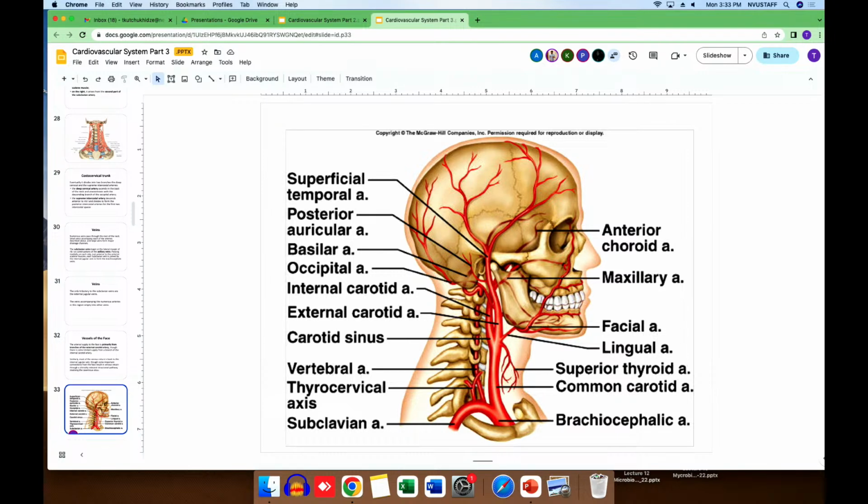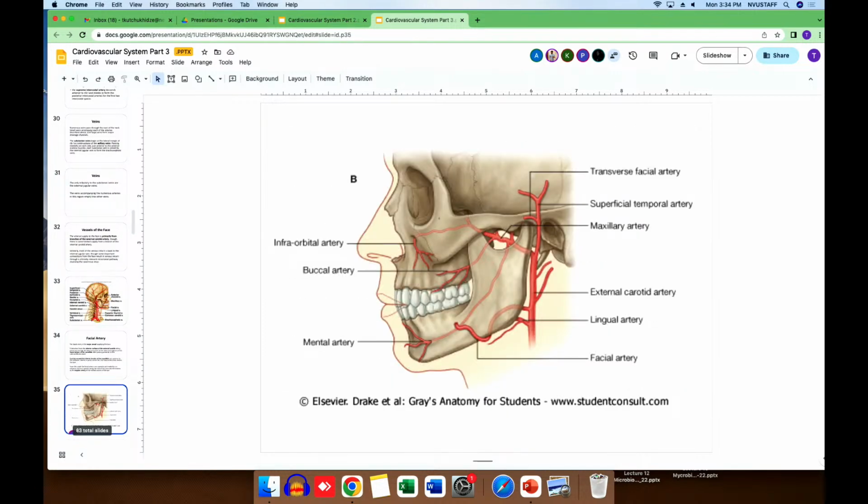So this is our facial artery, how it's continuing and ending as an angular artery. Here, that's the eye, right? Facial artery.